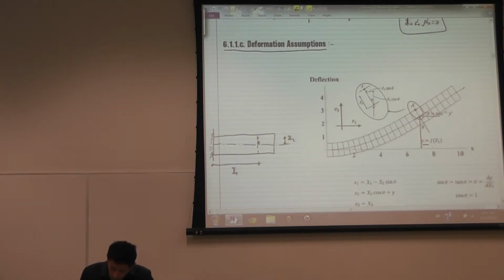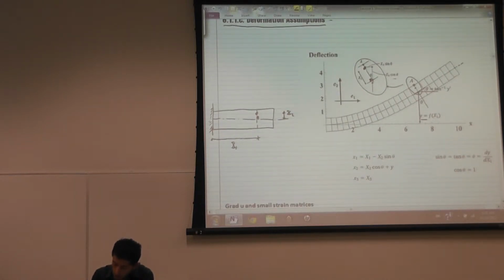Now I'm going to track this point. This is the point that I'm interested in, which is this one. This is the distance, because this stayed perpendicular. Then the location of that point with respect to the neutral axis: the vertical is x2 cosine theta, and the horizontal is x2 sine theta.